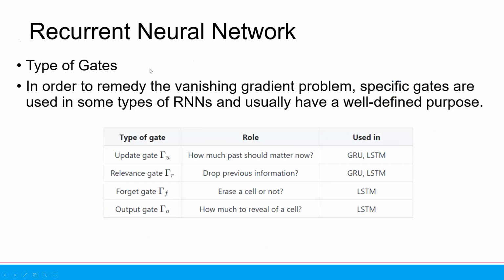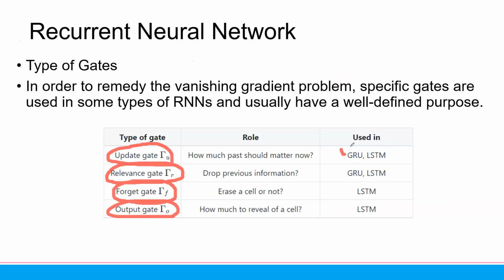Sorry, let me jump a little bit. The first is the update gate. We also have another gate, the relevance gate. And we can also see other gates, the forget gate and the output gate.